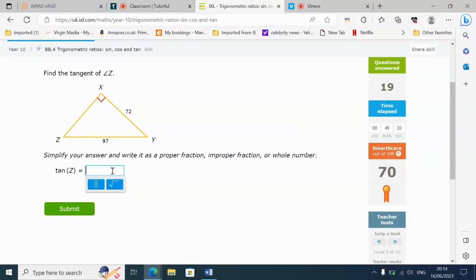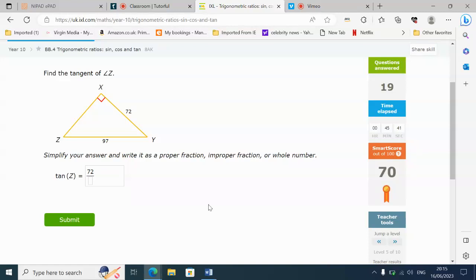So tan. This is another similar question. Tan is opposite over adjacent. For tan z, the opposite is 72, and the adjacent is missing, isn't it?